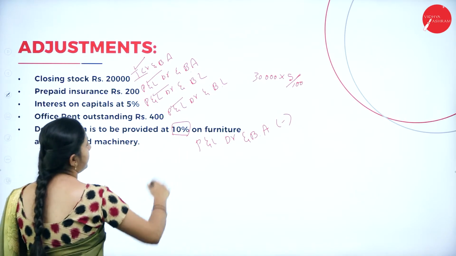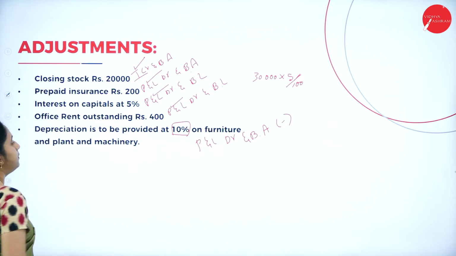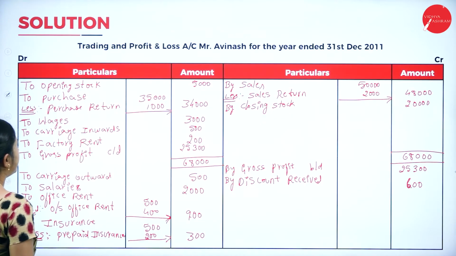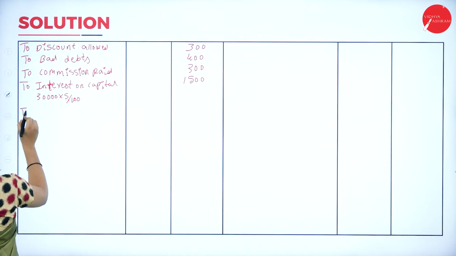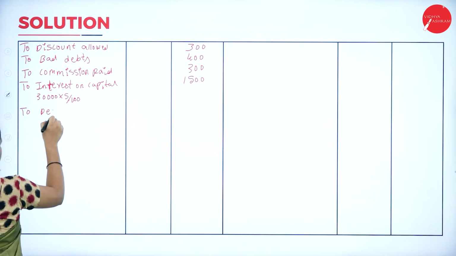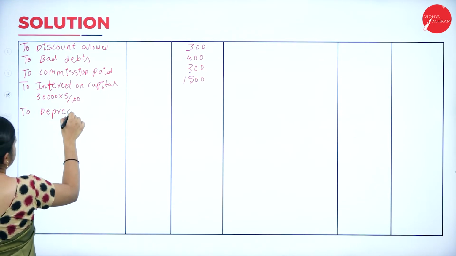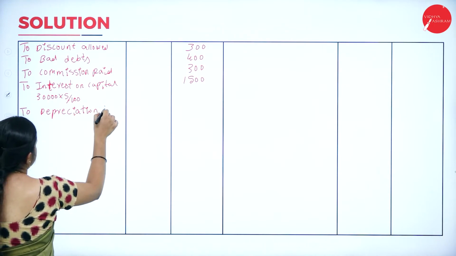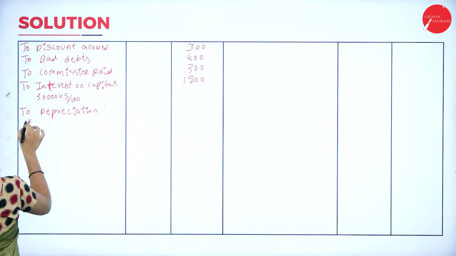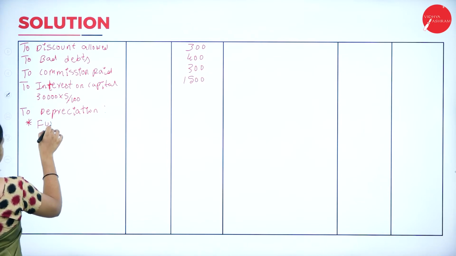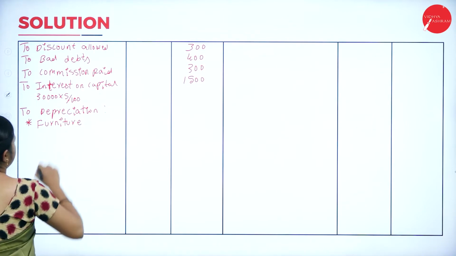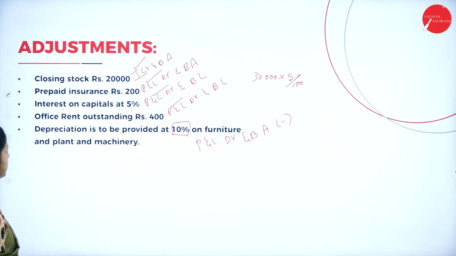Again, depreciation is to be provided at 10% on furniture and plant and machinery. First consider furniture. Just give the heading depreciation. Under that, first one, furniture at 10%.